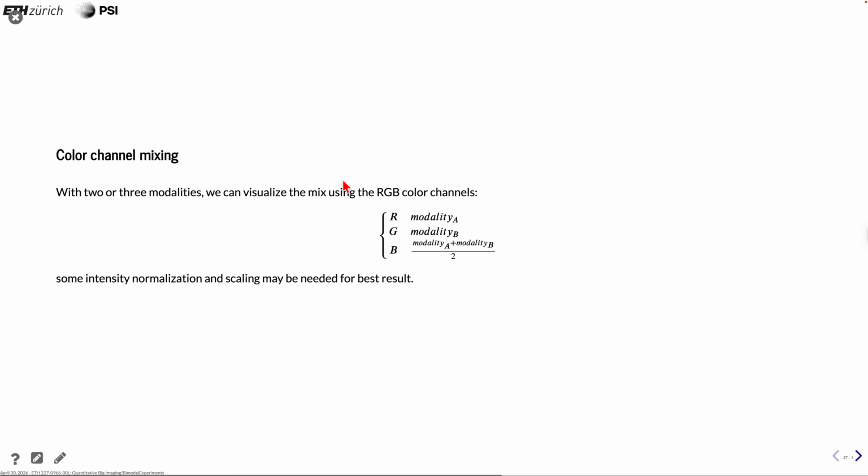Another way to visualize data is to use color channel mixing. And if you have 2 or 3 modalities, you can use the color channels of an RGB image.